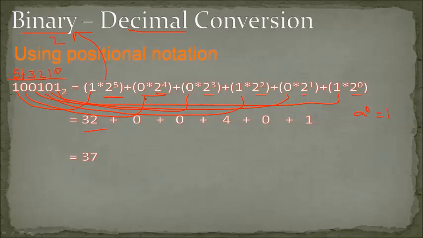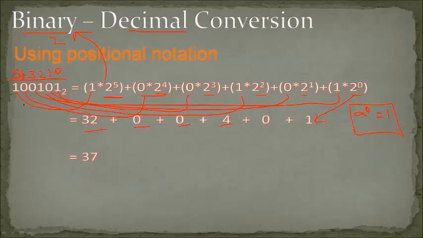Anything into 0 remains 0. Same way 2 power 3 into 0 is 0. Here 2 twos are 4, 4 into 1 is again 4, and 0 into 2 power 1 becomes 0. Anything power 0 is 1, so 1 into 1 is 1. So 32 plus 4 plus 1, and your final value is 37.